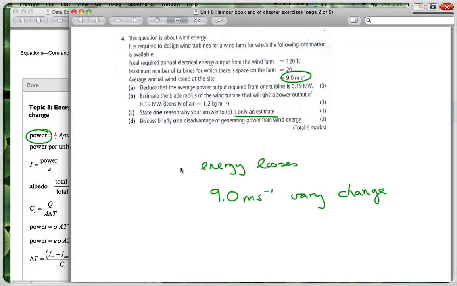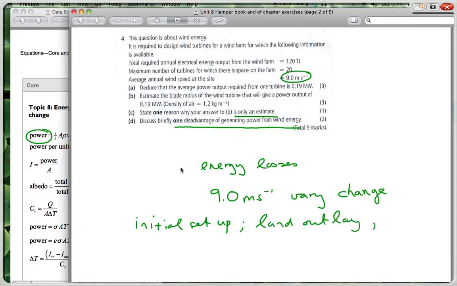And discuss one disadvantage of generating power from wind energy. Well, there's the initial cost, the initial setup. That can take money. There's the land outlay. It usually takes quite a bit of space. Some persons don't like the view. They think it's unsightly, doesn't look good.